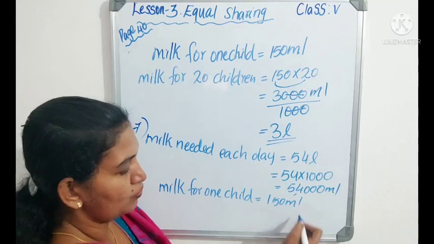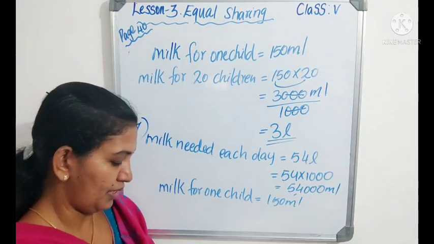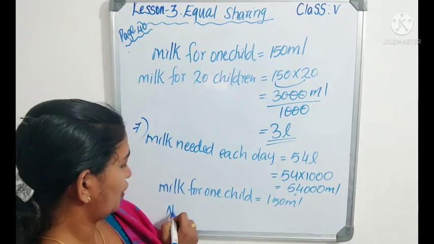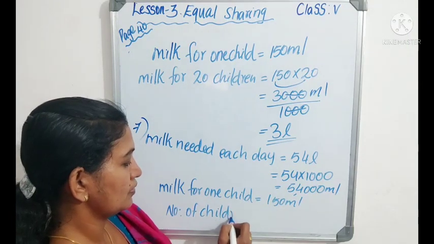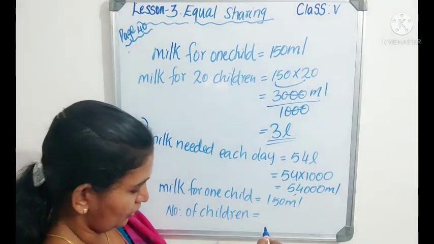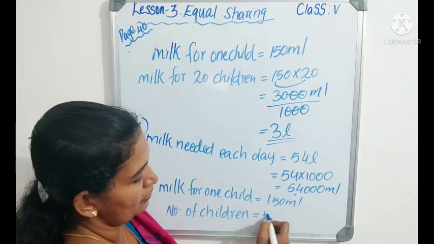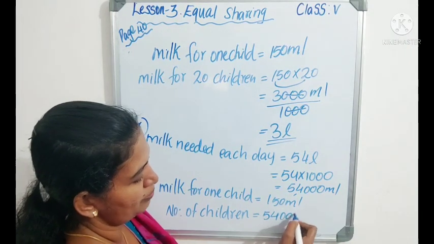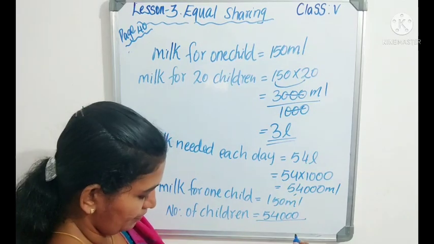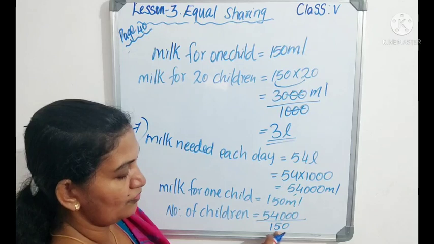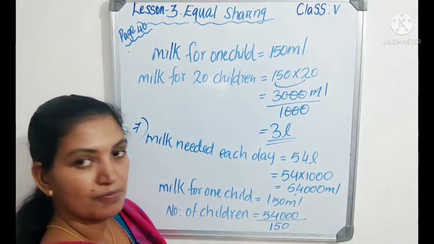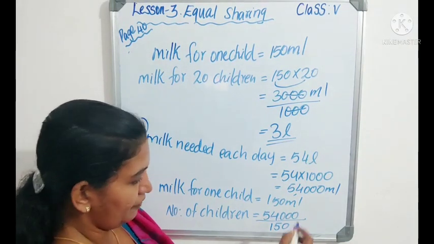It is given that milk for one child is 150 ml. Then next you have to find the number of children. Number of children is equal to total 54,000 ml of milk divided by 150. One child only 150. So divided by 150.